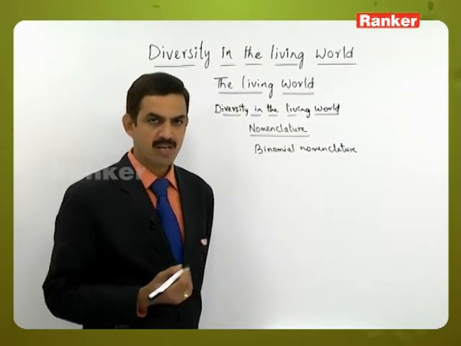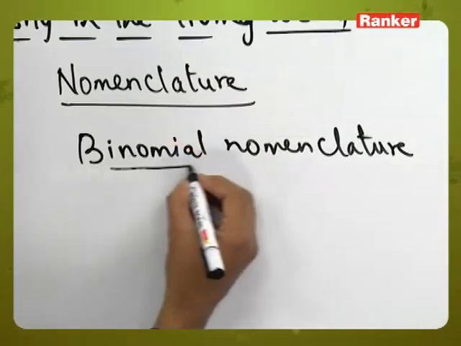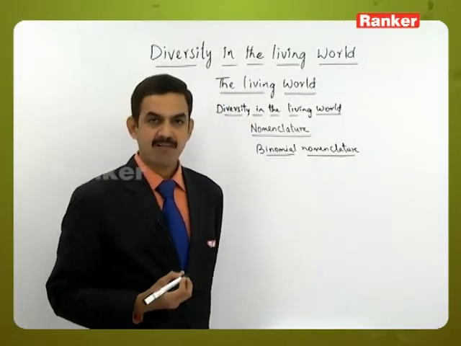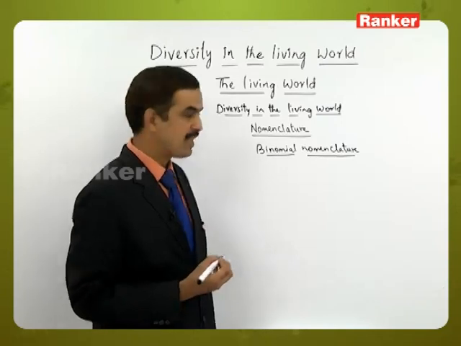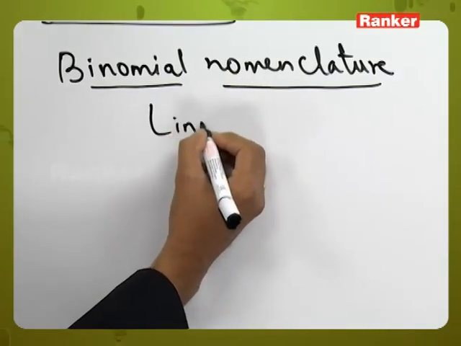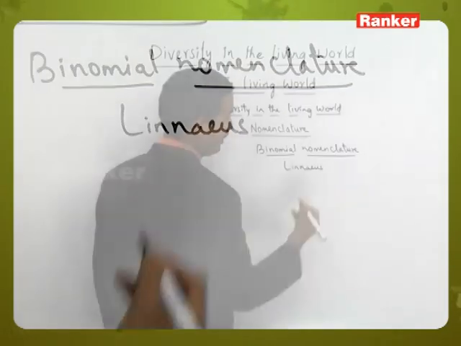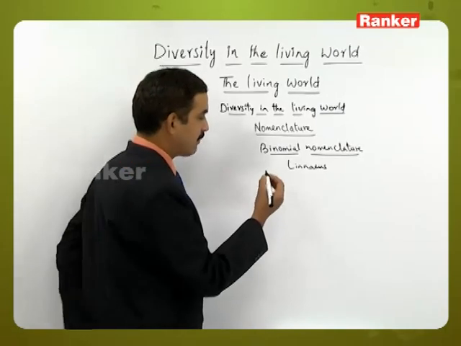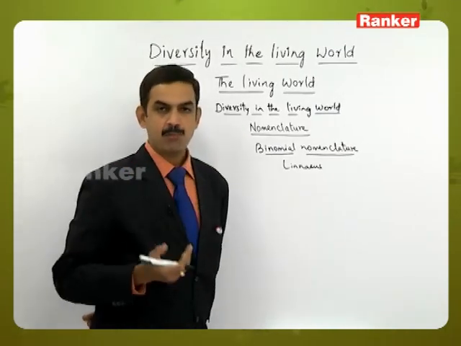This system was first introduced by Gaspard Bauhin, but it was developed, and the credit for development goes to the scientist Carolus Linnaeus, who developed the system and made it popular.